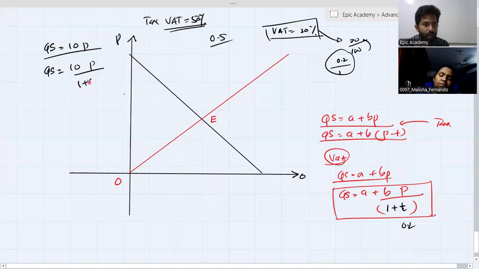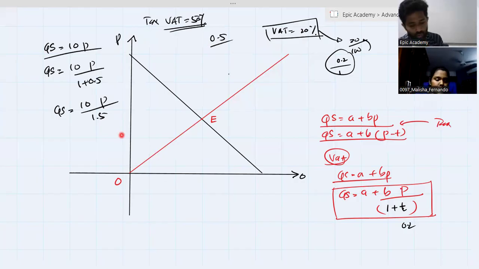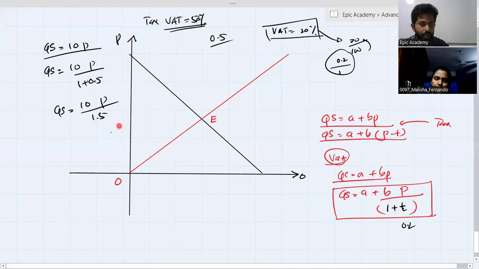Right. So then QS equals 10P divided by 1.5. So 10 divided by 1.5 is 6.666. So QS must be equal to 6.66P.